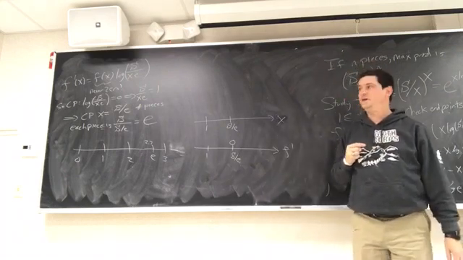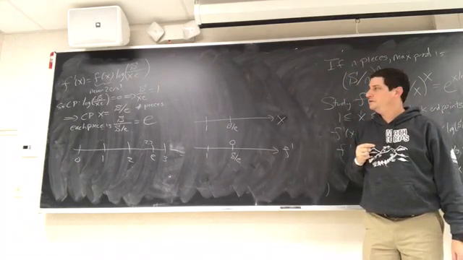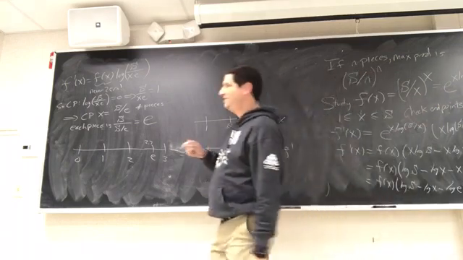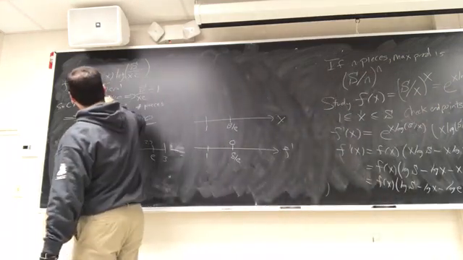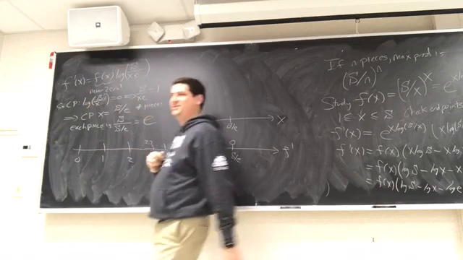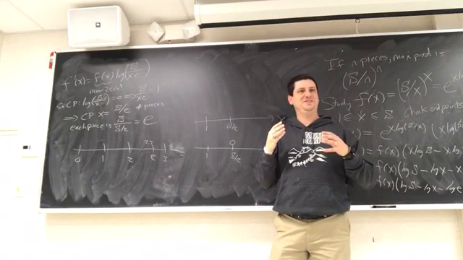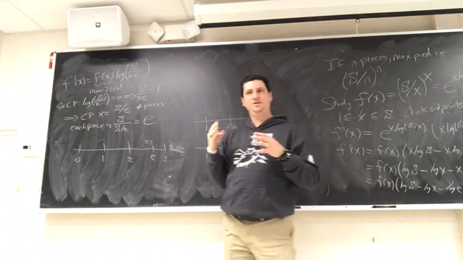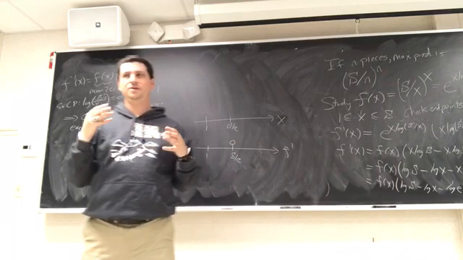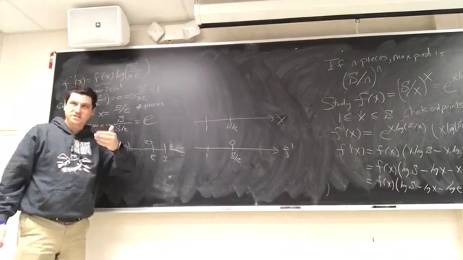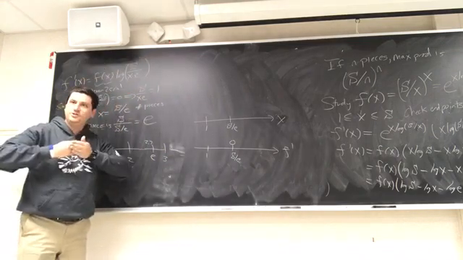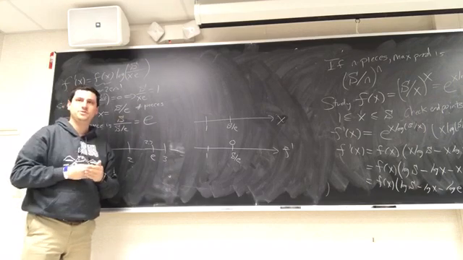If you want, I'll put the e upstairs. You're right. So is it less than 1? What's the logarithm of a number that's less than 1? Positive, negative, or 0? Negative. The log of 1 is 0. If you're less than 1, your logarithm is negative. If you're greater than 1, your logarithm is positive.